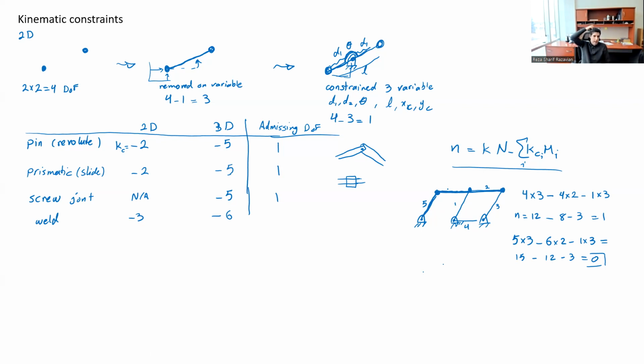In practice, it has 1 active degree of freedom, but it doesn't show up here. The discrepancy is that the system only works if all of these links, link 5, 1, and 3, are perfectly parallel.